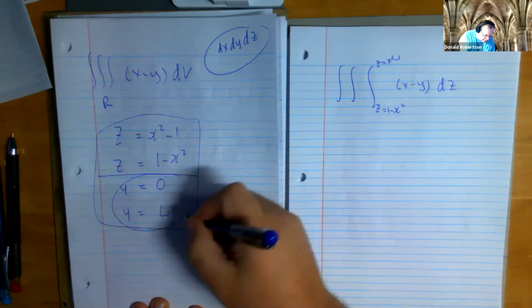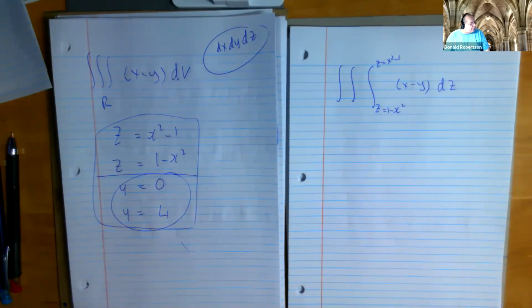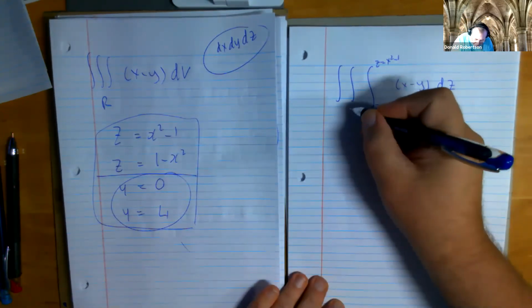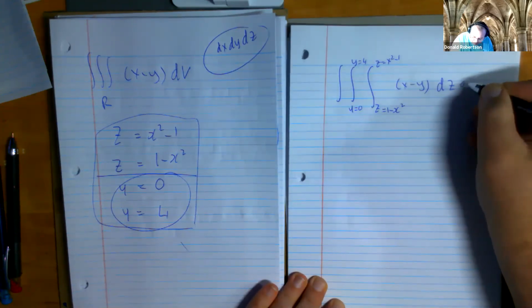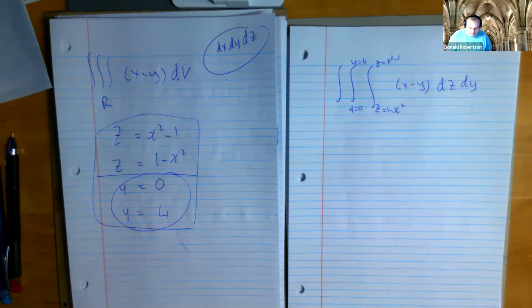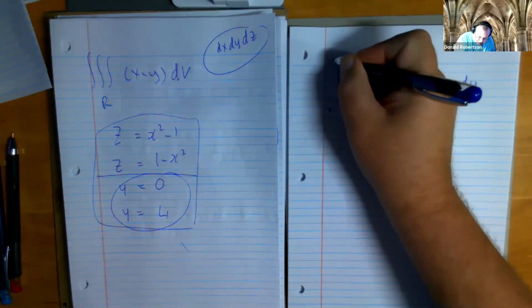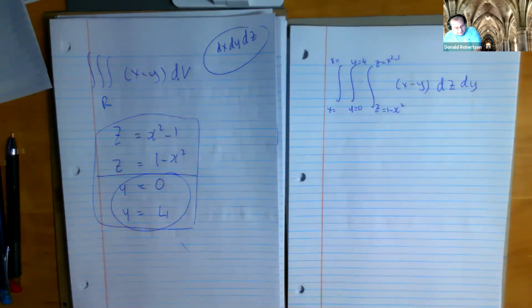Would you agree that this is telling me who the y's are going to go for? So I'm going to go y equals 0 to y equals 4, and I'm going to do dy. But I still have the problem about who the x's are going to be.